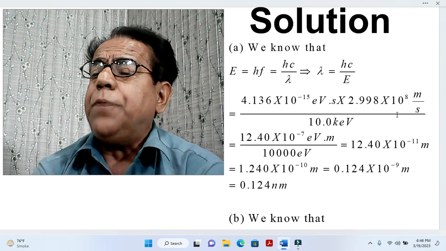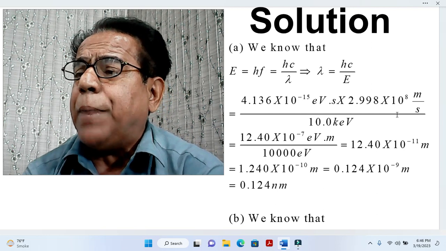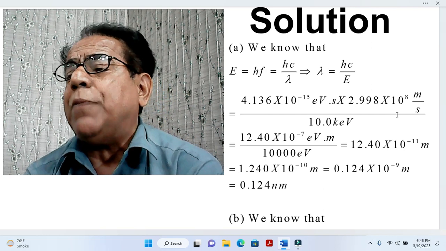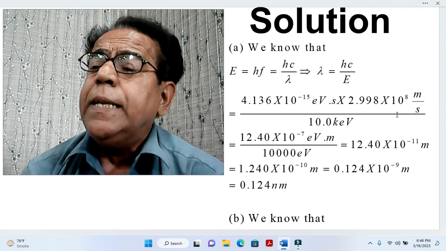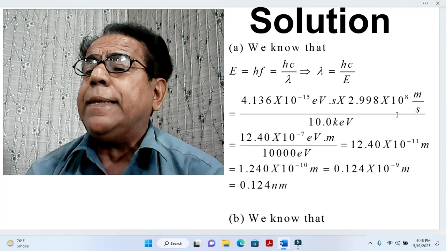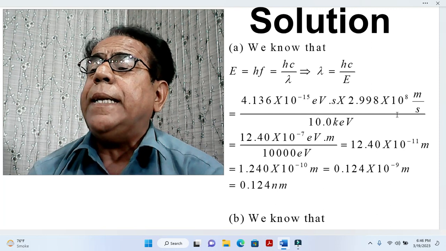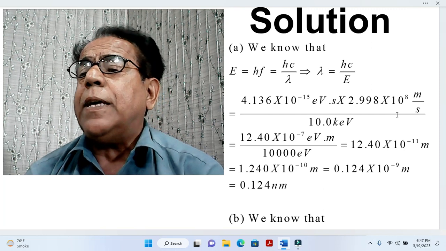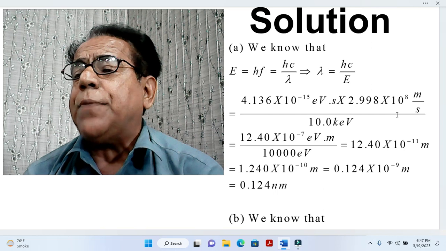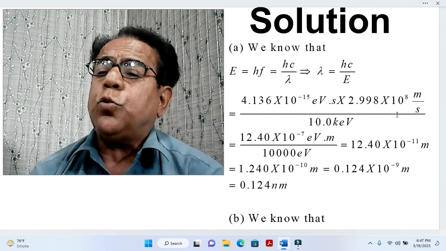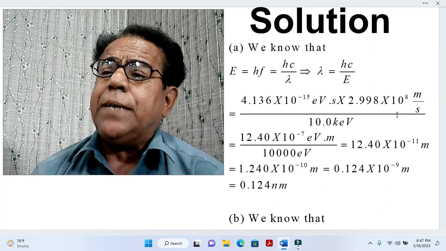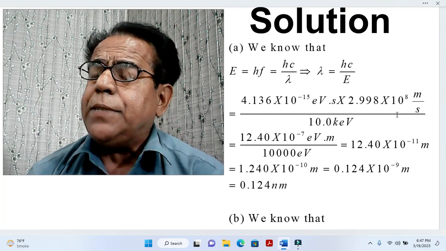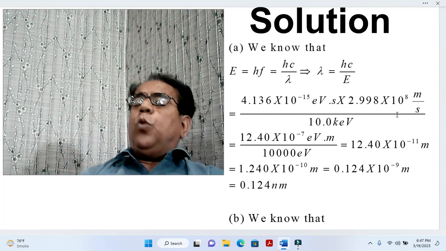What is important for us is 10 raised to the power minus 9 or 10 raised to the power minus 12. Okay, because when we convert it into 10 raised to the power minus 9, we will call it nano. When we convert it into 10 raised to the power minus 12, we will call it pico. So it is our discretion whether we convert this value in terms of nano or pico.